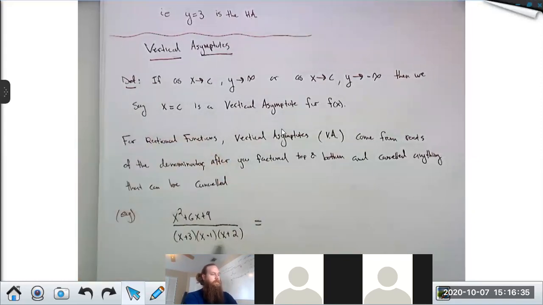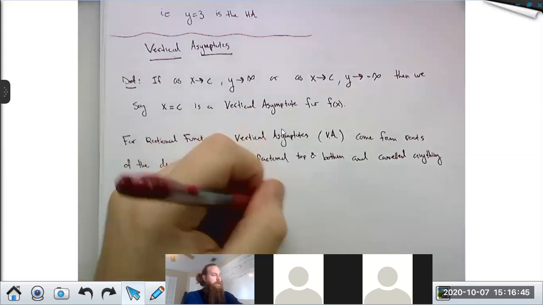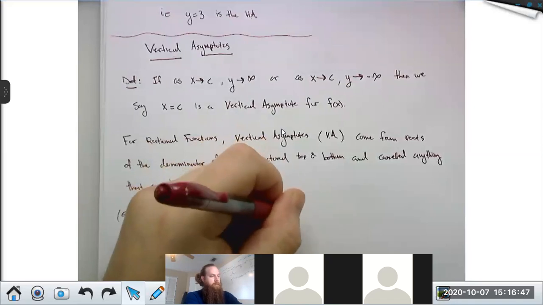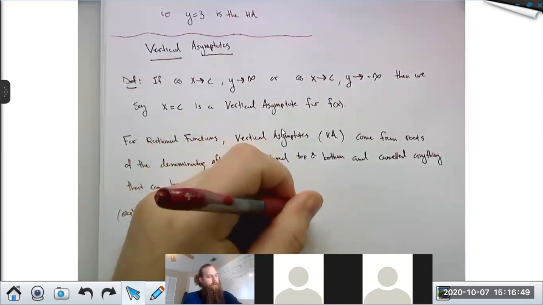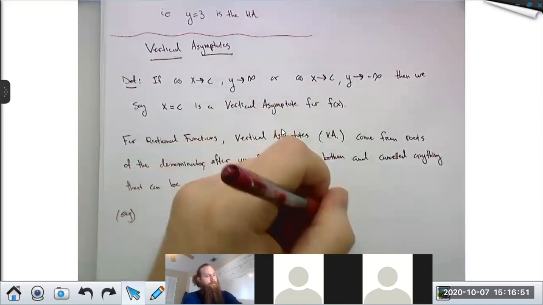The bottom's already factored. If it wasn't factored out, I need to factor it, and that's why we learned this right after learning how to factor big polynomials. Can factor the top. The top is x plus 3 squared. It's x plus 3 times x plus 3.